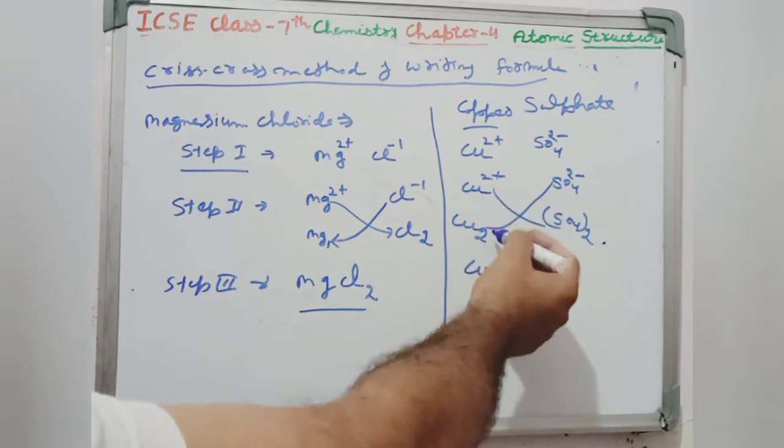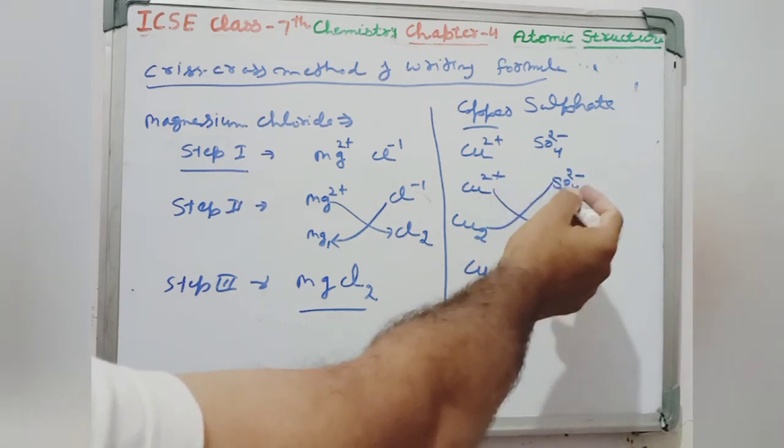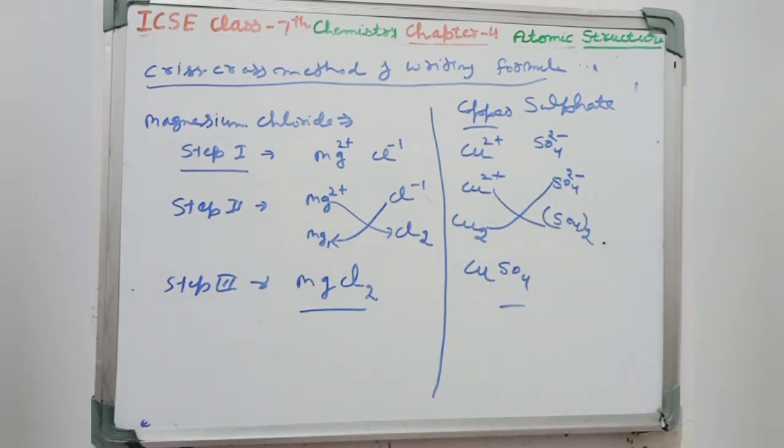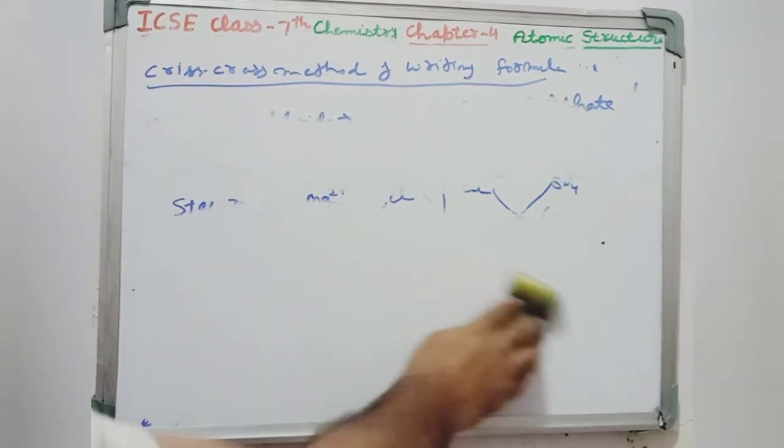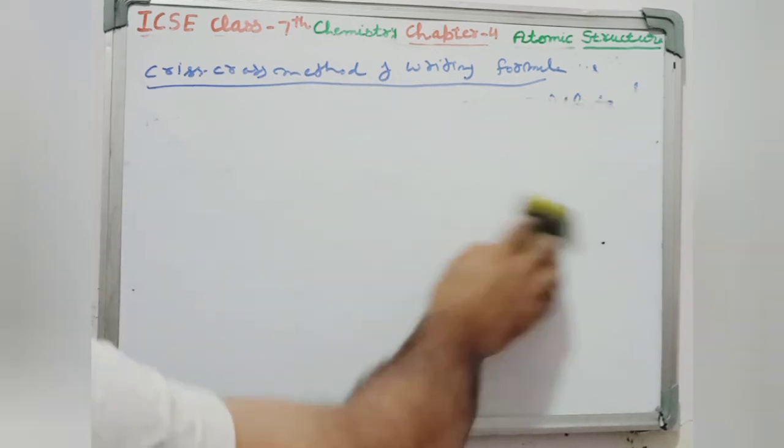Now when the same valency comes, both valencies get cancelled. Both twos are here, both twos get cancelled. If we have 2 positive and 2 negative, then both will be cancelled.